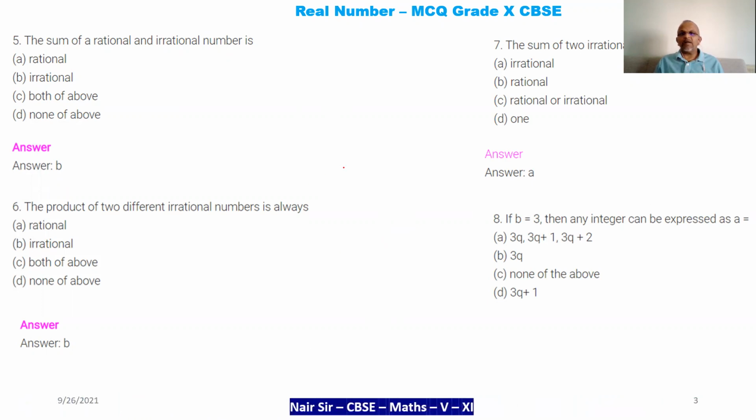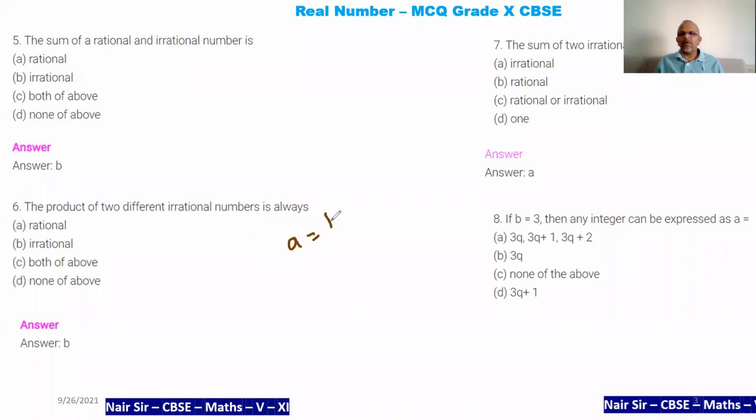Remember the particular lemma: A is equal to BQ plus R. And what is the condition given to R? R has to be greater than or equal to 0 and less than B. Okay. Now, if I'm saying B is equal to 3, then A is equal to 3Q plus R. What is the value of R?